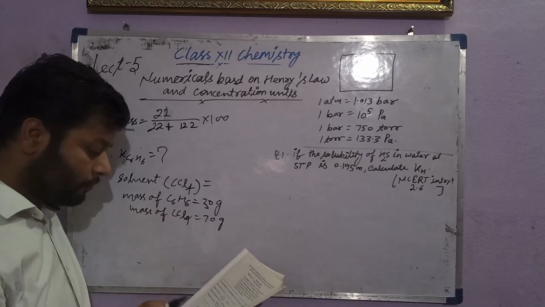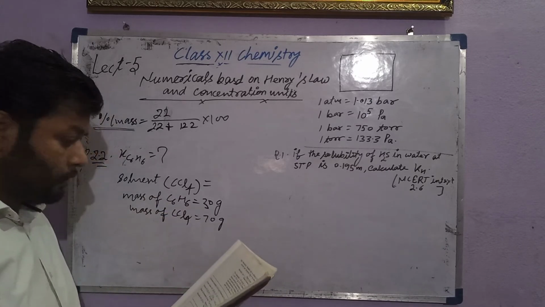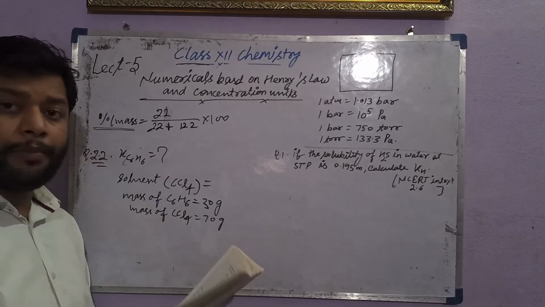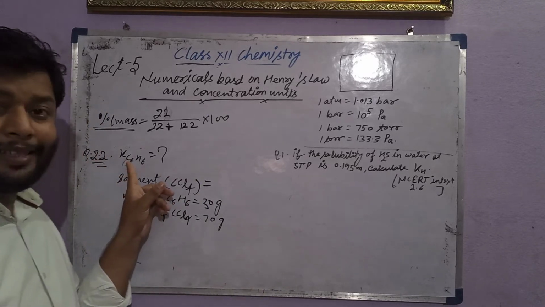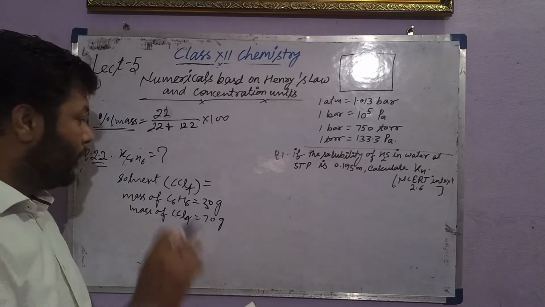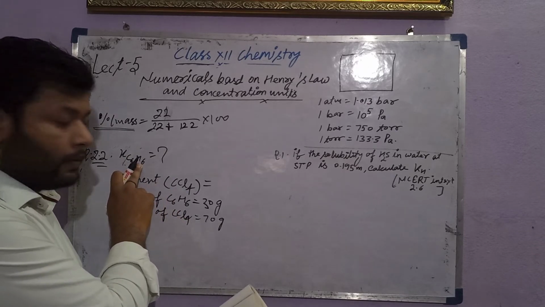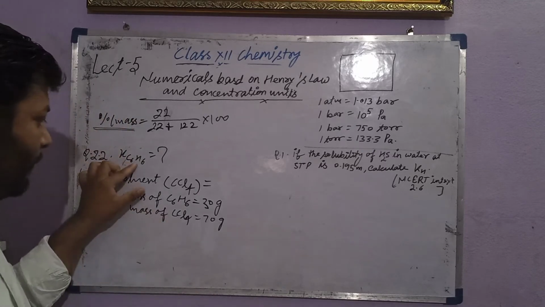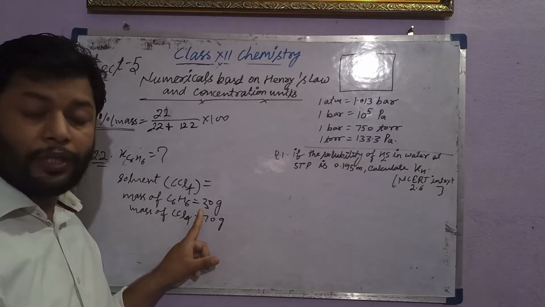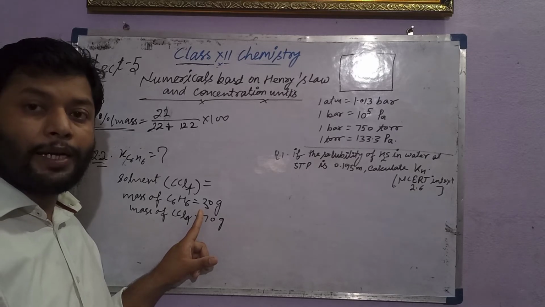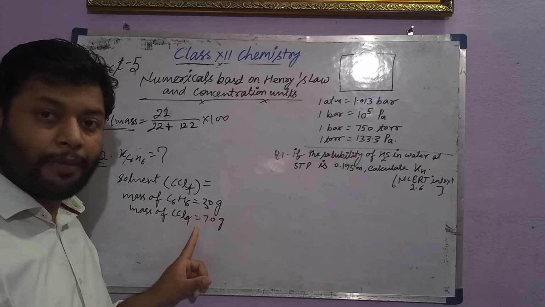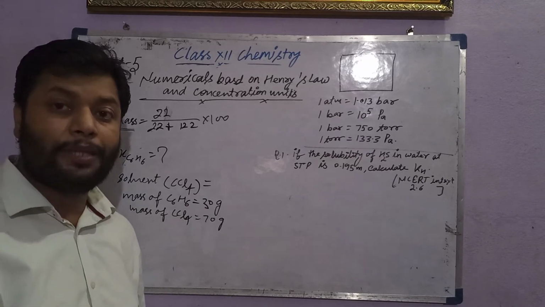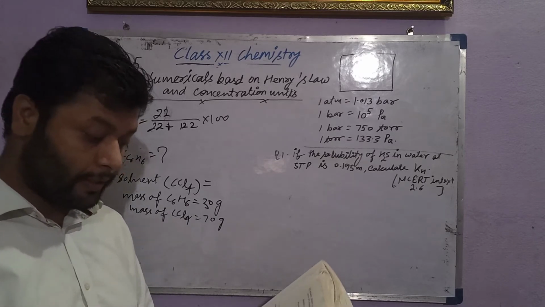Now the molar mass of benzene: 6 carbon, 6 hydrogen, 6 times 12 is 72, plus 6, so 78. With the help of the molar mass and the given mass, you can calculate the moles of benzene and moles of carbon tetrachloride. That will give you the mole fraction of benzene as well as carbon tetrachloride.